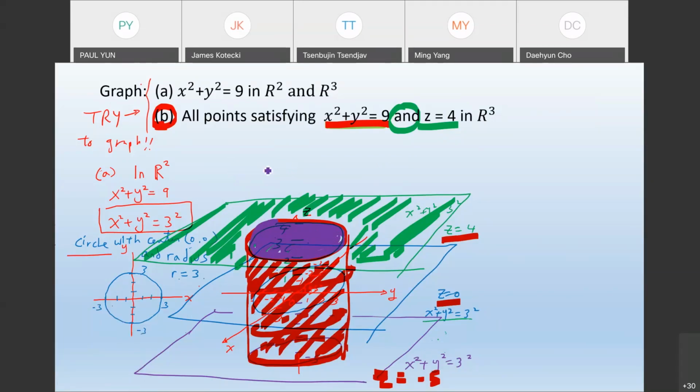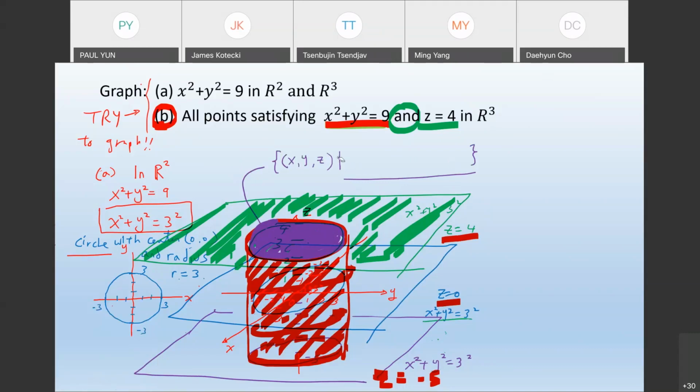Say it this way. The collection of all the points x, y, z, such that what? Write down the condition right there. Maybe I should do it this way. Another better way is this.